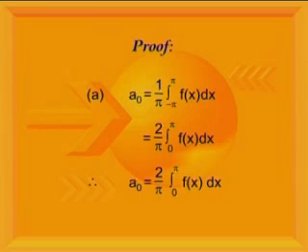First of all, a naught is equal to 1 over pi integral of f(x) with respect to x from minus pi to pi, which is now equal to 2 over pi integral of f(x) from 0 to pi. So a naught can be calculated in this way.